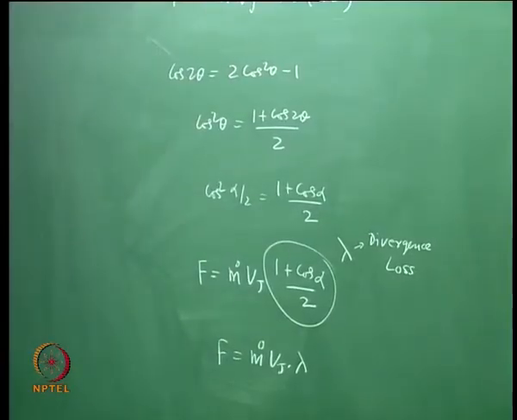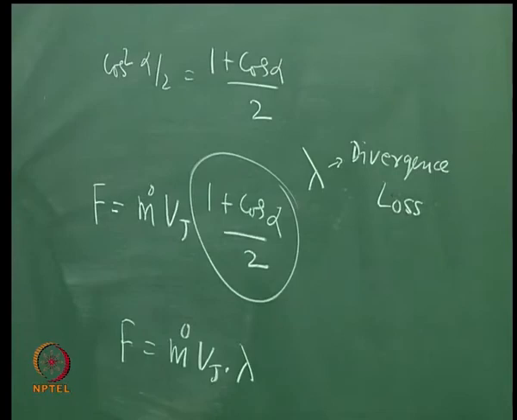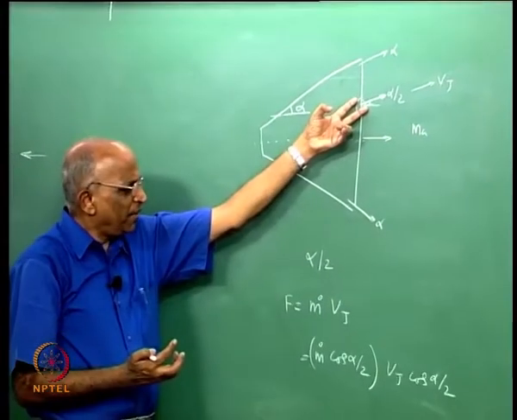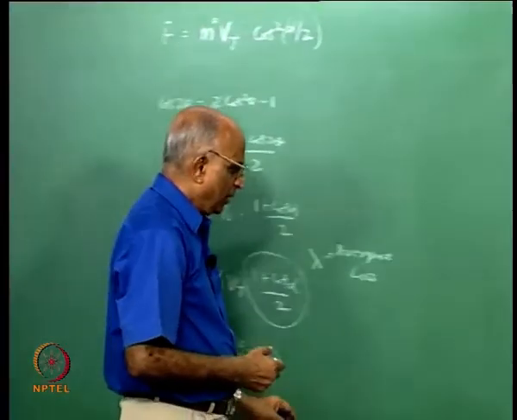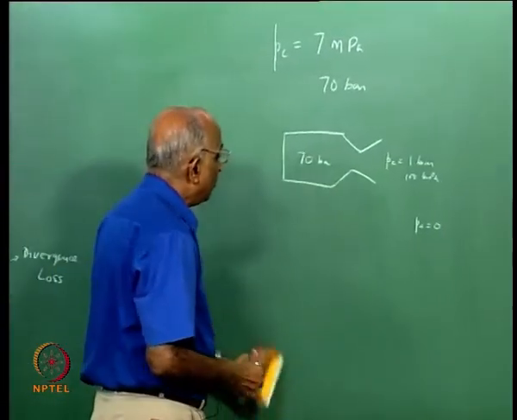But actually I am just multiplying by a factor. Therefore, if I have to have a loss, the loss should be something different. We say lambda is due to non-availability.